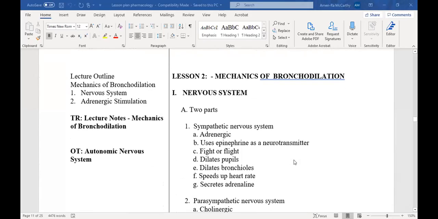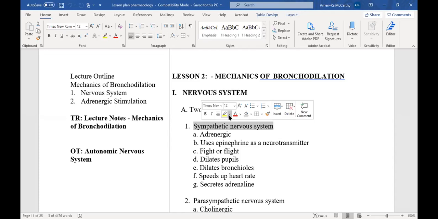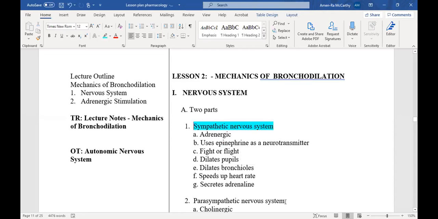Now, our nervous system has 2 parts. The central nervous system has 2 parts. You have the sympathetic nervous system and you have the parasympathetic nervous system, okay?